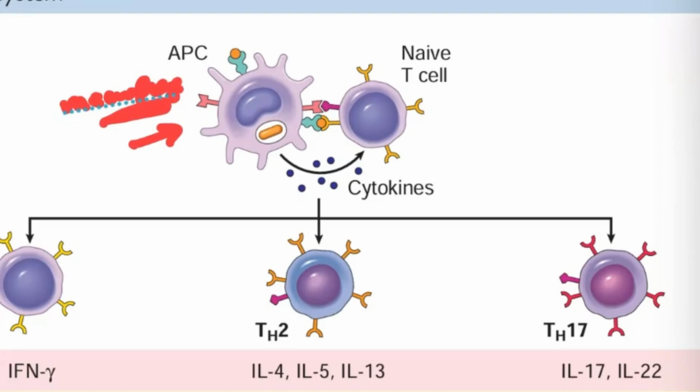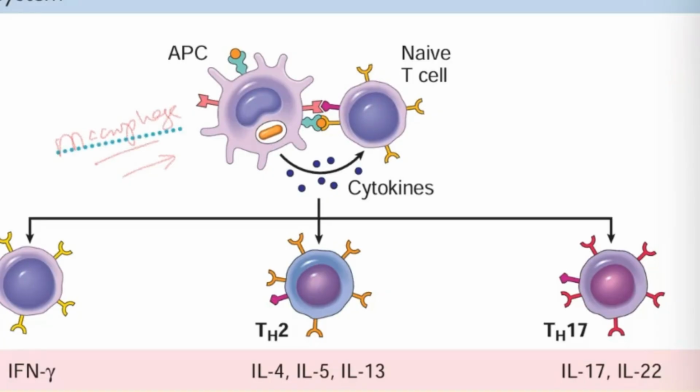So this is your macrophage here, and it has brought an antigen. Look at the antigen right here, and it presented it to the CD4. This is your CD4 T cell.